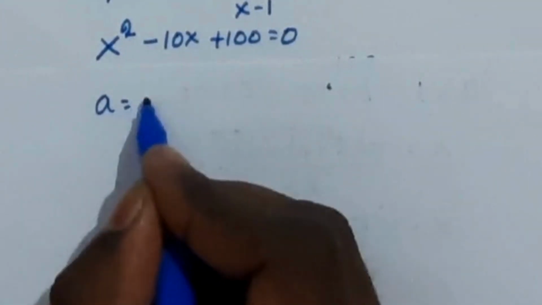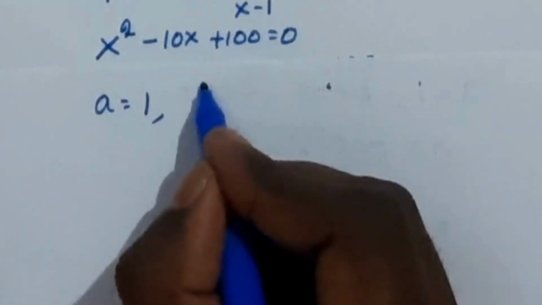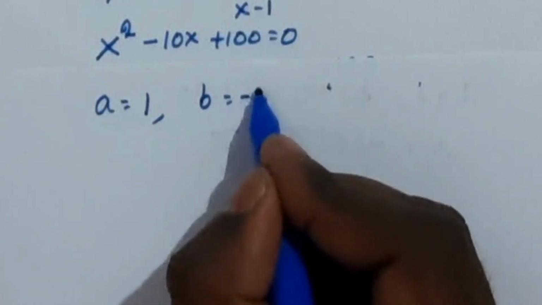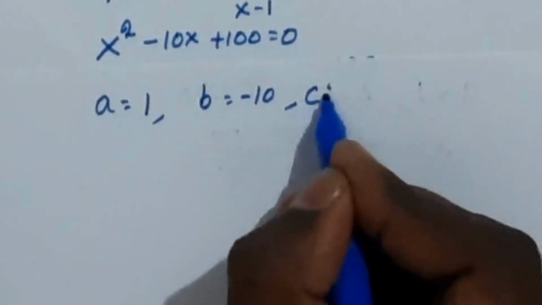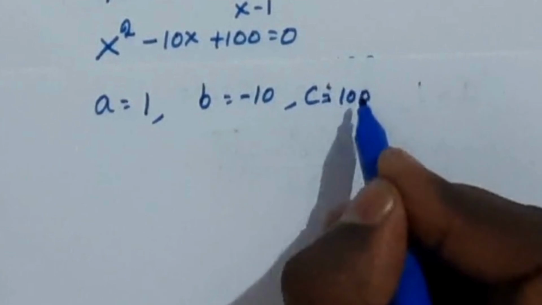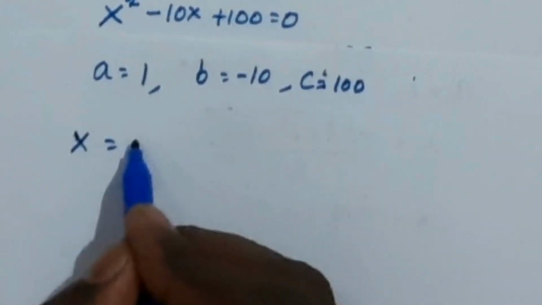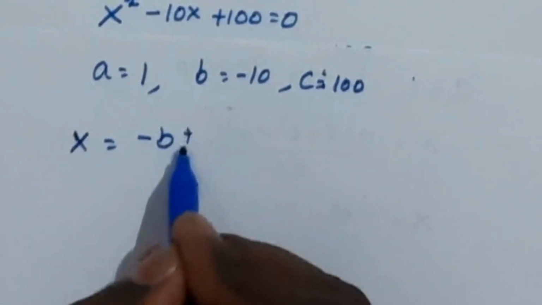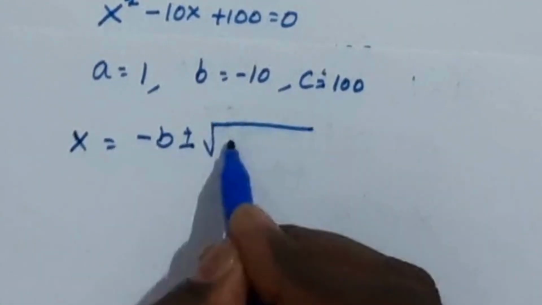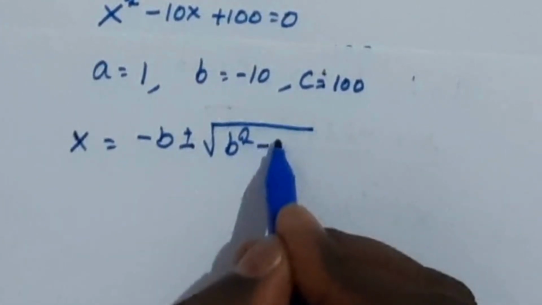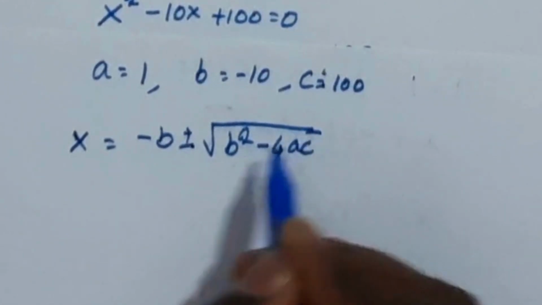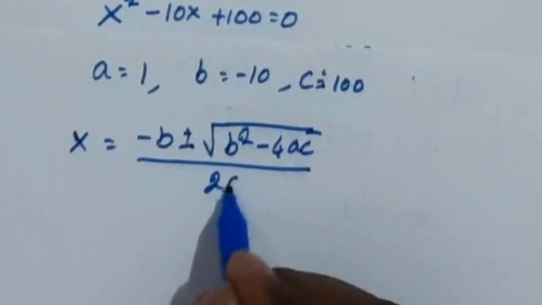a equal to 1, b equal to minus 10, c equal to 100. Now x equal to minus b plus or minus square root of b square minus 4ac, by 2a.